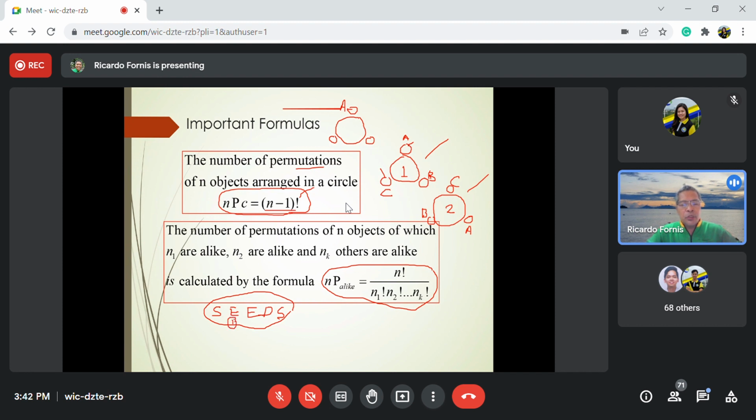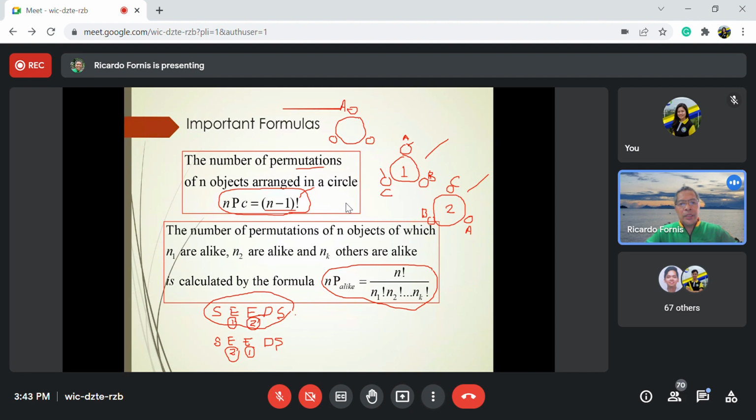The E1, suppose E1 is an object which is different from E2, you will be obtaining a different permutation if you interchange E1 and E2. Right? This could be already different had the objects been different. But in this case, they are exactly the same because some objects are alike.